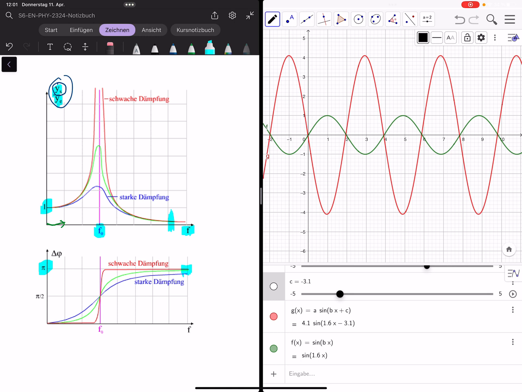And it's the same with the swing on your hand. When you move your hand really quickly, the mass on the swing is too slow to follow. So it might even stay at rest, and you just move your hand up and down, you extend the spring and bring it back, but the mass is just too slow to follow.